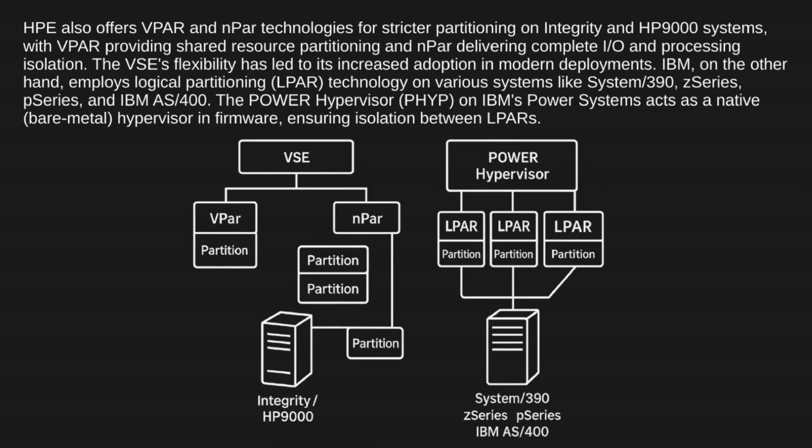IBM, on the other hand, employs logical partitioning, LPAR technology, on various systems like System/390, System z, System p, and IBM AS/400. The Power Hypervisor, PHYP, on IBM's Power systems acts as a native, bare metal hypervisor in firmware, ensuring isolation between LPARs.